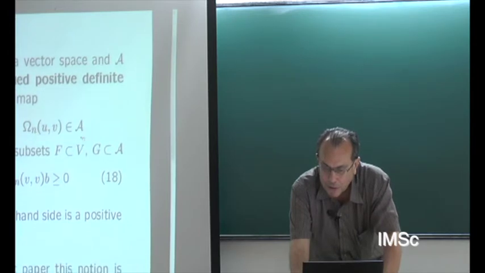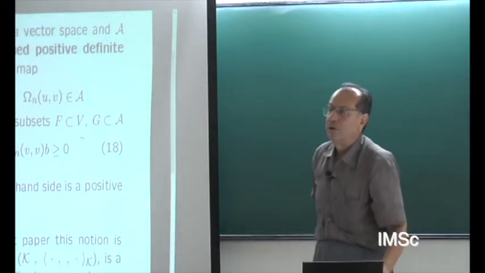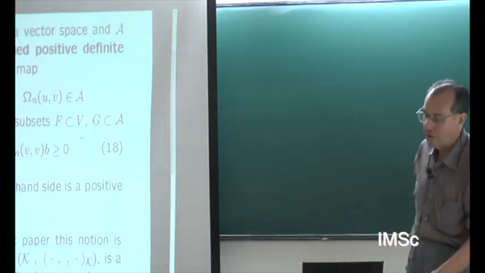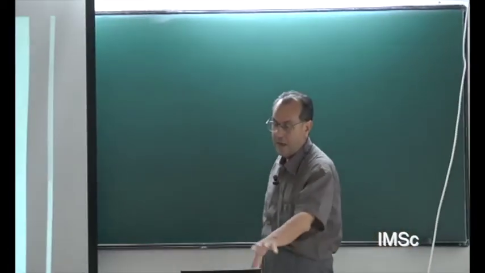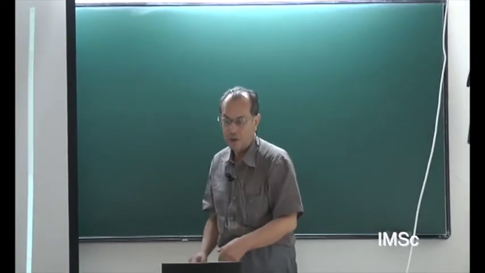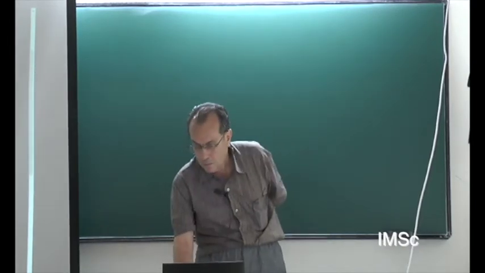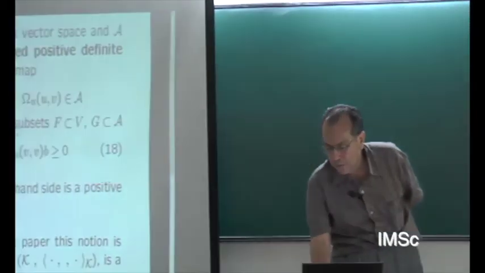The classification will depend on an important notion, the notion of a positive definite kernel on a C-star algebra. I gave the general definition here. This is well known, I think, even if I cannot give you a precise reference.